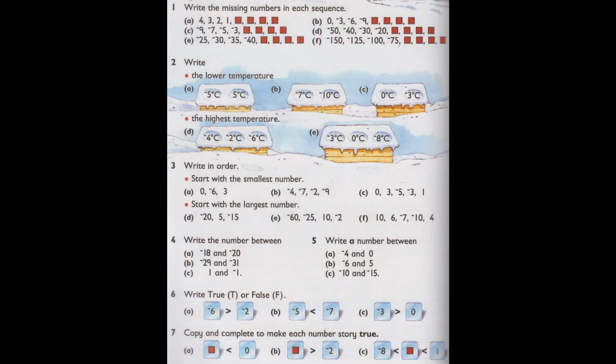For number 7, it says copy and complete to make each number story true. So again, you could have possibly several answers here. Just put the number down, like for example, and again, I'm not going to say anything because I don't want to give anything away. But for example, letter A, you've got this empty space here for a number, and then you got this number that I'm circling here.